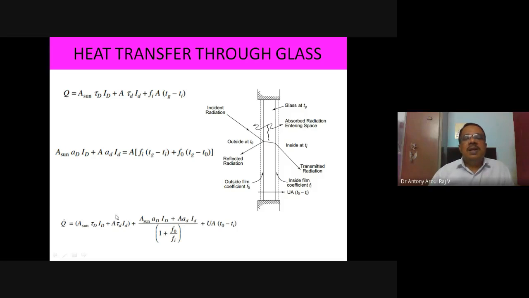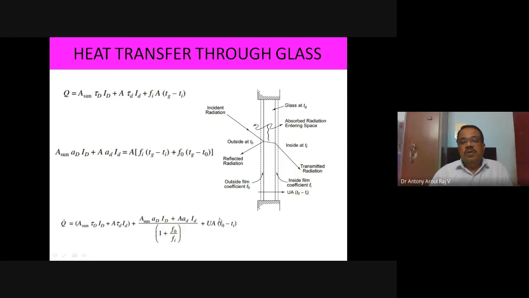So what is the heat which is transferred into the building? One component is because of the transmissivity of the glass, where I have a direct radiation transmissivity component and a diffuse radiation transmissivity component. Apart from this, you will have a steady state heat transfer because of the temperature difference between inside and outside, because of inside convection, outside convection, and the thermal resistance of the glass.